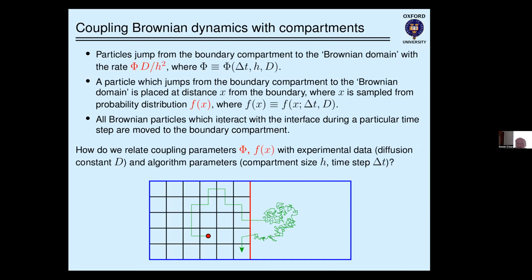And I could just say that all particles which interact with the interface, which cross this boundary back, will just be absorbed into that compartment. But by this modified scheme, I introduced extra coupling parameters, this rate and this distribution. Then my mathematical question is how to relate them to the experimental data, in this case just the diffusion constant, and to the algorithm parameters, compartment size and time step.